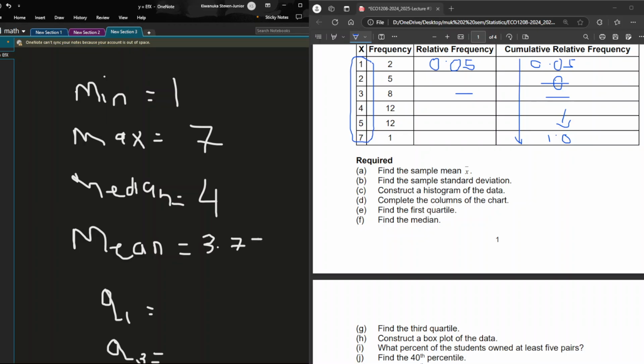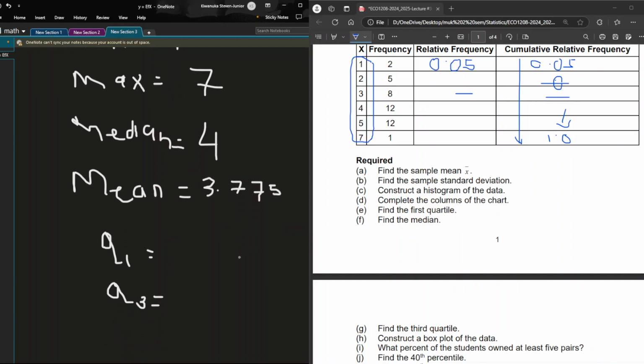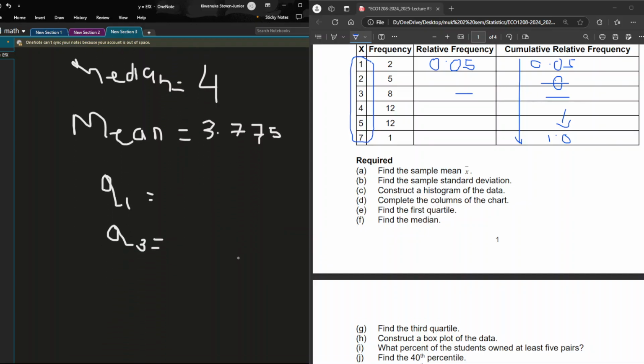Hope we all recall that. Then our Q1, established our Q1 as 3, and finally our Q3 was 5.